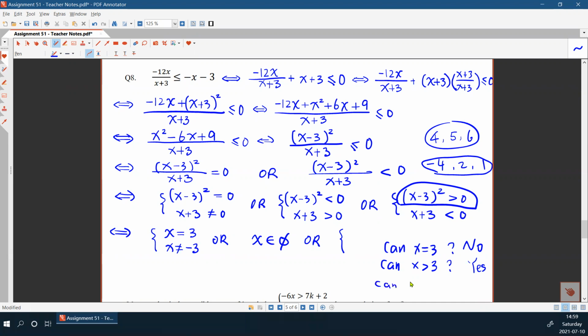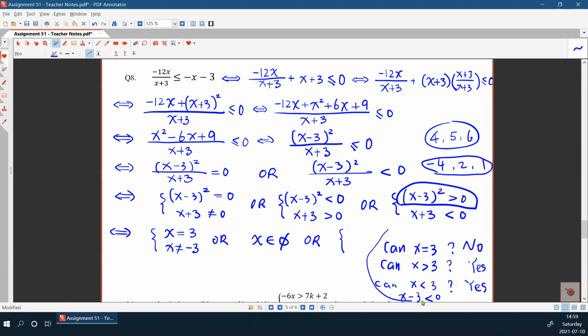Next question, can x be smaller than 3? Yes, the answer is yes. Why? Because when x is smaller than 3, that means x minus 3 is a negative number, right? For any negative number, its square is a positive number, which means this is greater than 0, right?